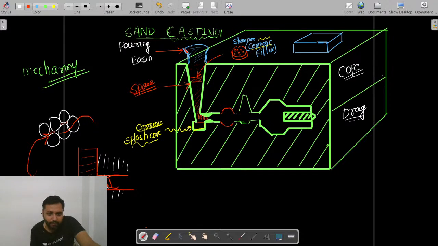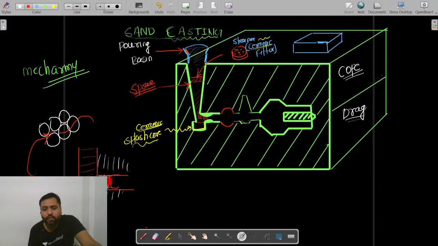So what will happen? As the molten metal is flowing down there and this contraction happens here, because the flow direction is changing, this area remains vacant, white color one. So here air will come, and that air may dissolve into this molten metal.